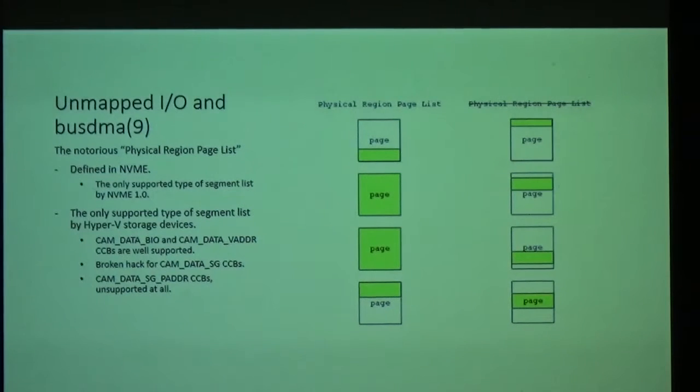But we have deep trouble with CAM_DATA_SG_PADDR or the CAM_DATA_SG CCBs, at least. They are not very well supported. We have some broken hacks for the CAM data segment, but I really don't know whether it actually works or not. But as long as the buffer list conforms to the physical region page, it can work.